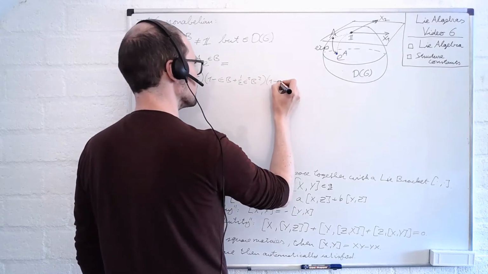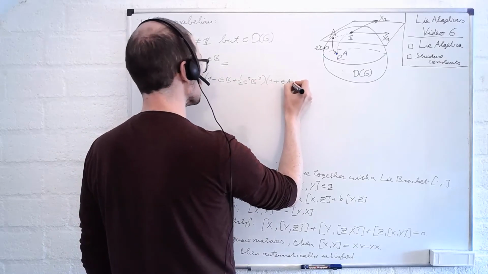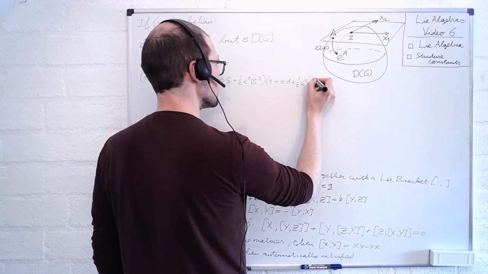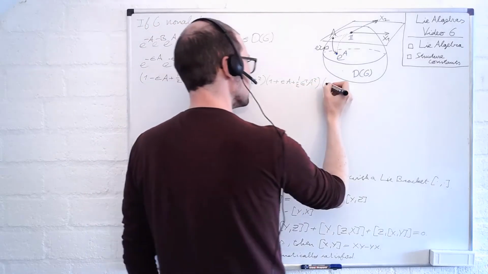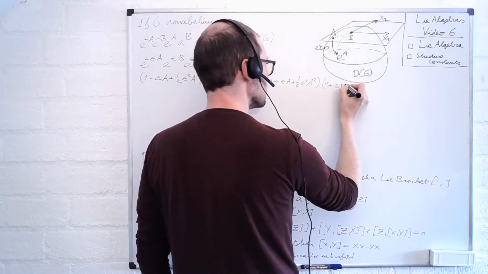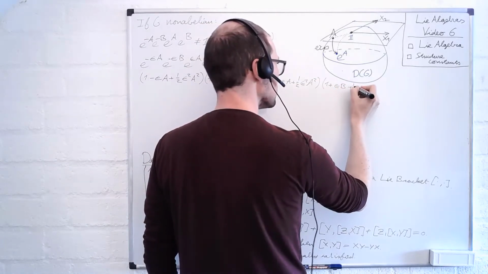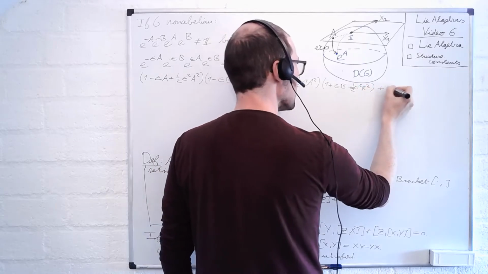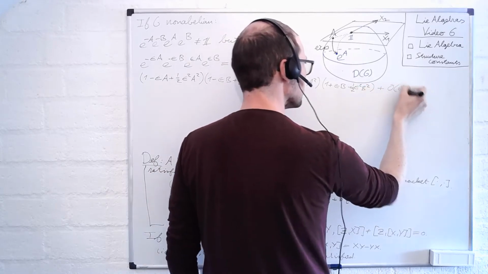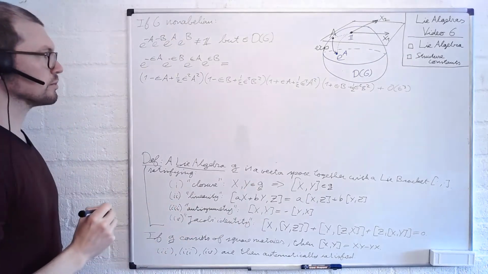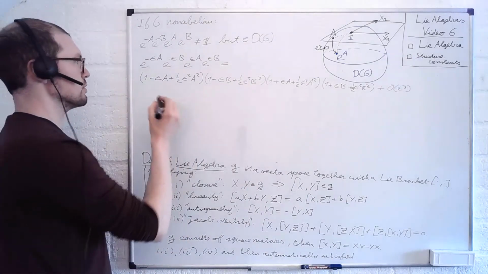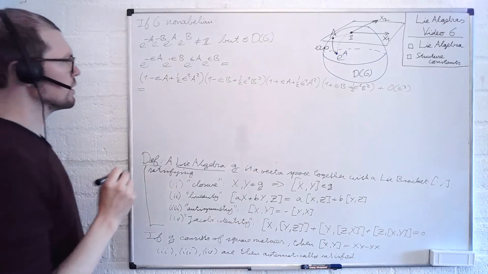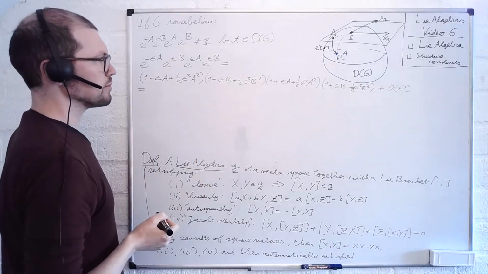Then I get 1 plus epsilon a plus 1/2 epsilon squared a squared, 1 plus epsilon b plus 1/2 epsilon squared b squared, and then some terms of third order in epsilon. And let's just work out the brackets order by order in epsilon.